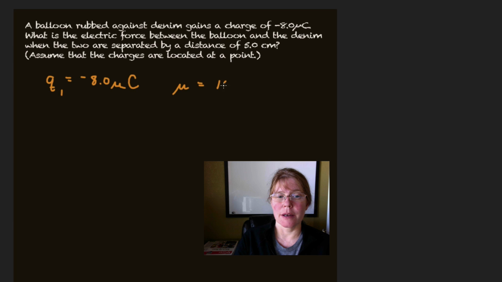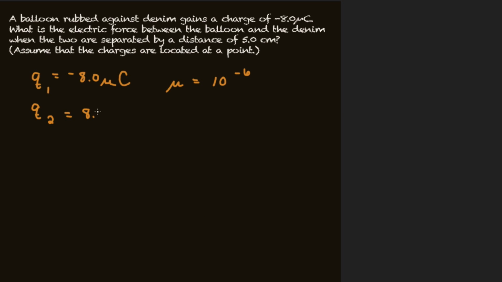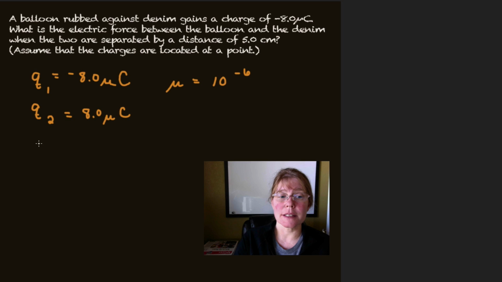Micro is a prefix that means 10 to the -6. Our second charge is going to be +8 microcoulombs. And the distance between those two objects is 5 centimeters.